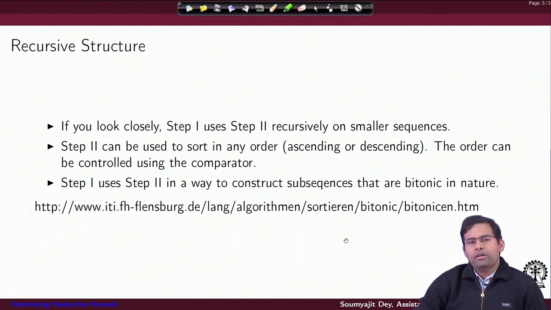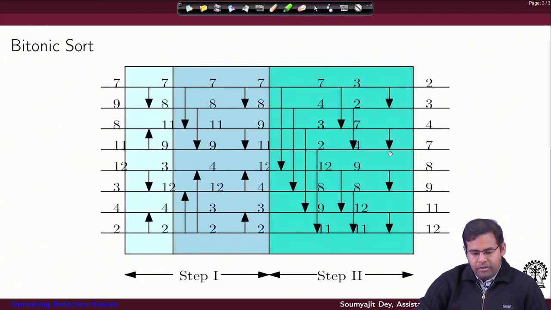So, even for building the basic steps of step 1, I can apply step 2 recursively on the smaller sequences by starting with the smallest Bitonic sequences, which are of size 2, right? And in that case, for step 2, the only thing I will have is a single phase here, right?